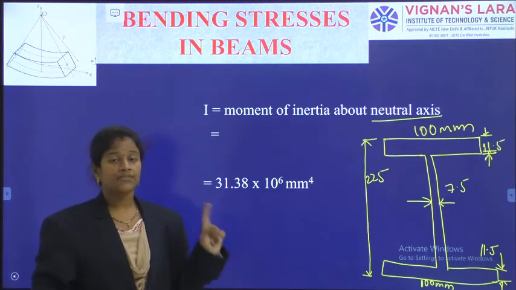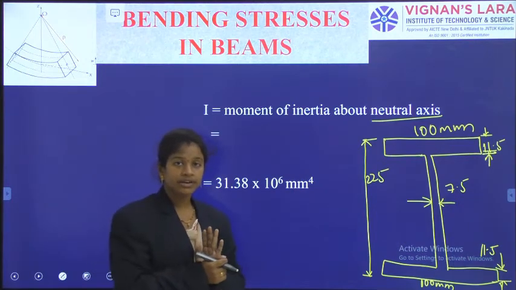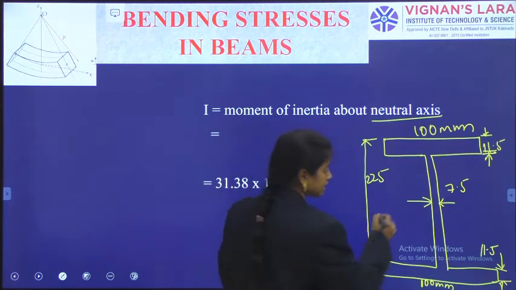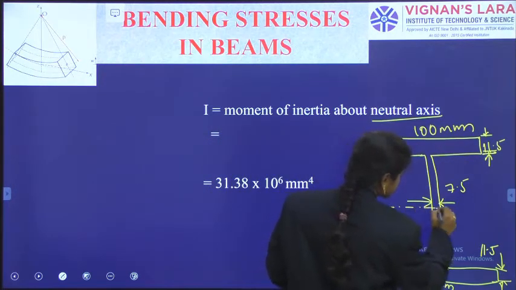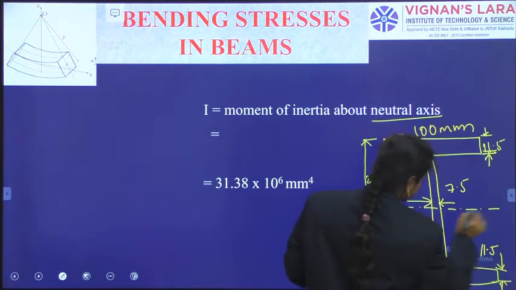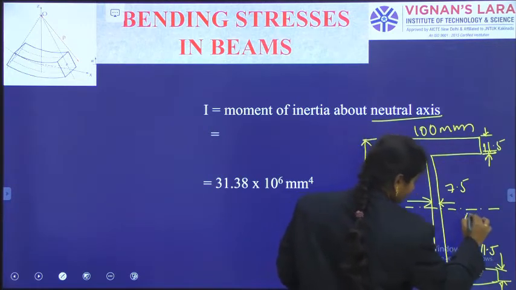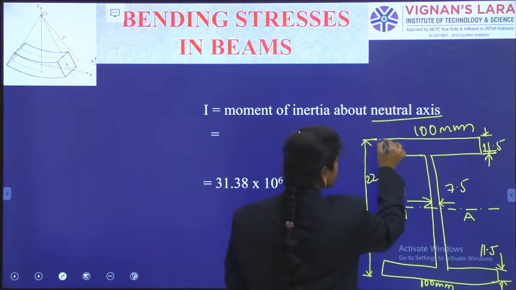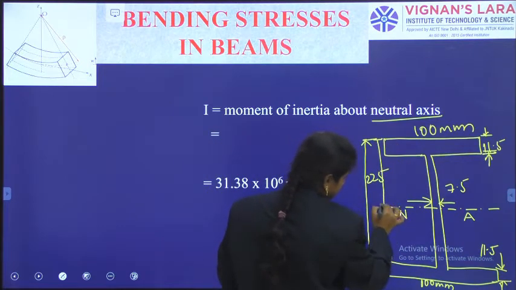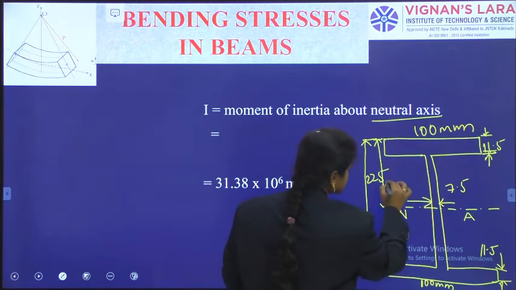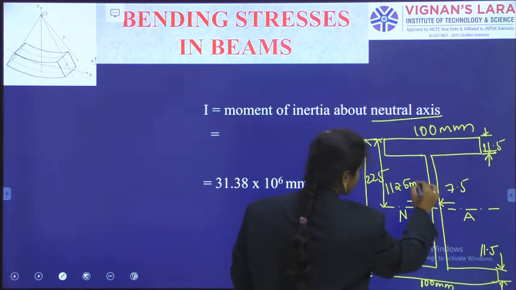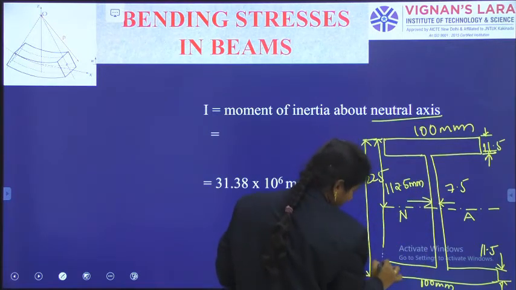Now, if it is unsymmetrical, I need to locate the centroidal line. But here my neutral axis or the centroidal axis is passing through the geometrical center line. So what do we mean by a geometrical center line? That is at half of the distance, 2.5 from the top and 2.5 from the bottom as well.